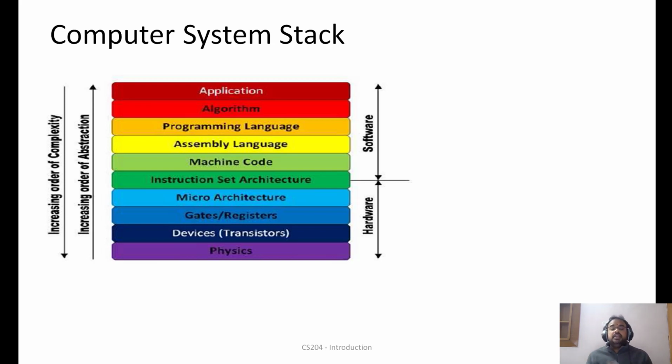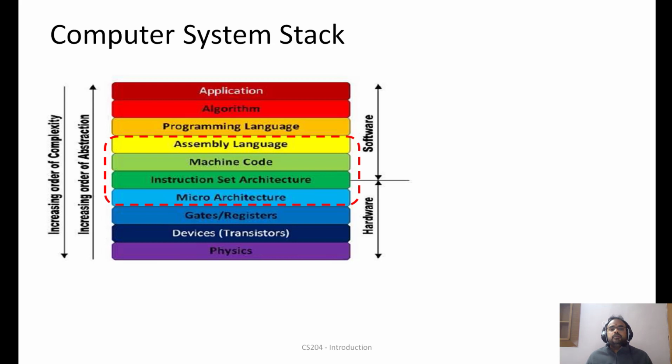That generates the assembly language of that program, and that assembly code, to be more specific, will be converted to machine code by an assembler, and that machine code eventually runs on the hardware.